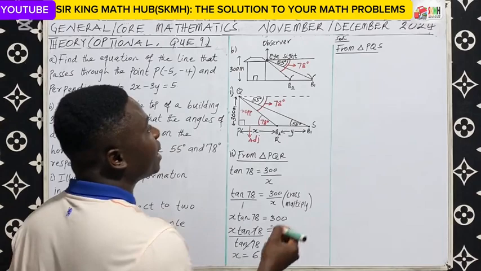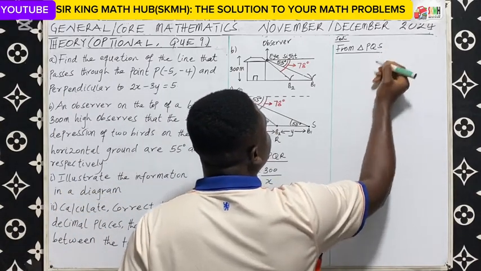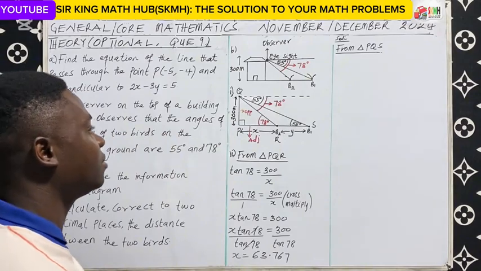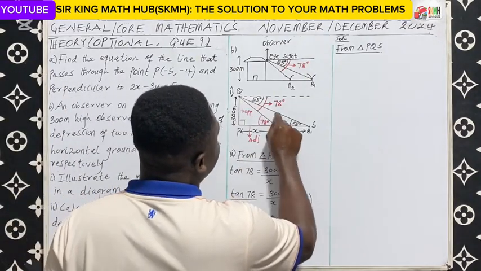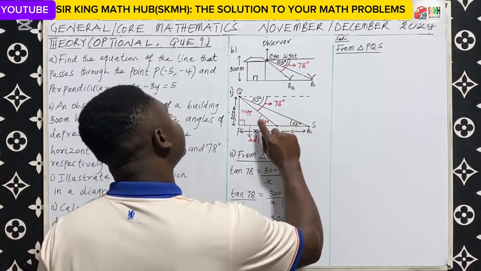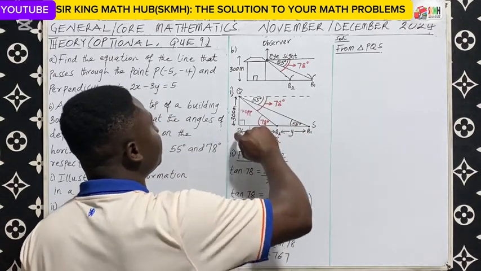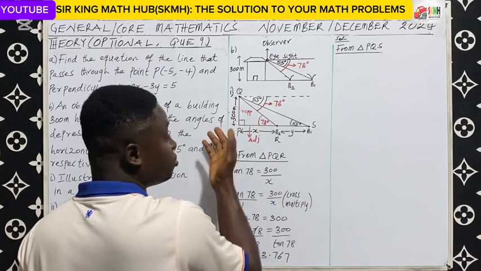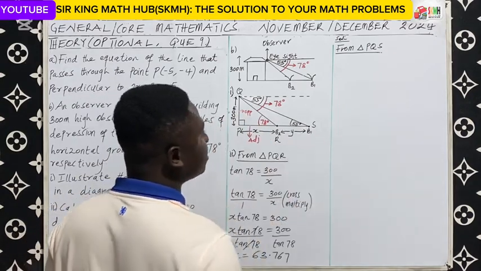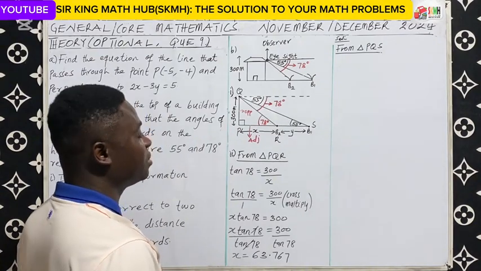So can we also identify the sides of the bigger right angle triangle? So this side represents the hypotenuse, the longest side. 55 degrees is facing the height of the building. So this side also becomes the opposite. And then obviously the other side becomes the adjacent.